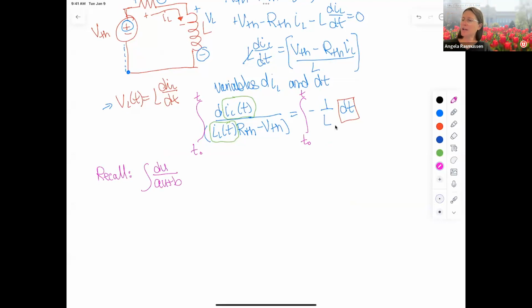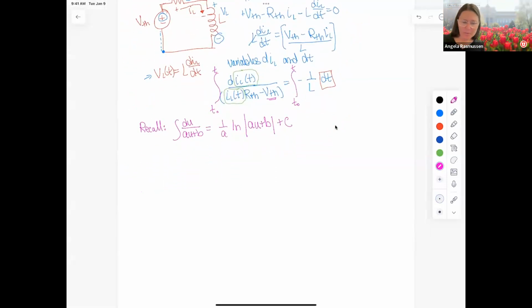When you have du over au plus b, that is equal to 1 over a natural log of au plus b, plus c. That is why I left this VTH on that side, because I remembered this property and I've done this derivation before. So I put that in a form where I could match it to a table to do an integration.